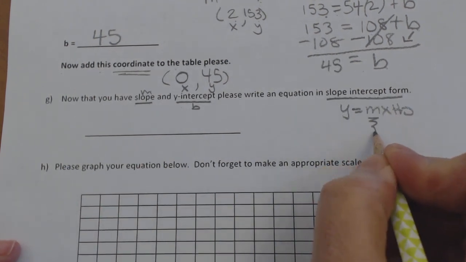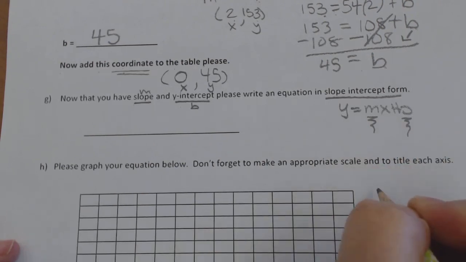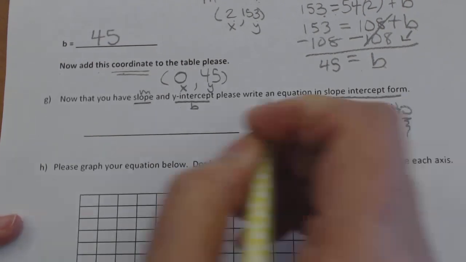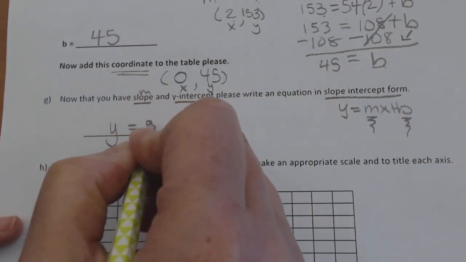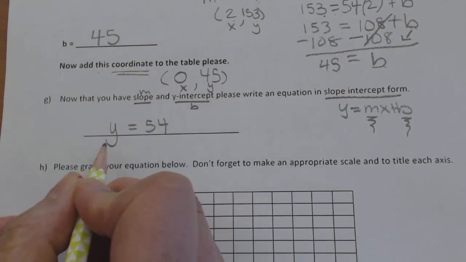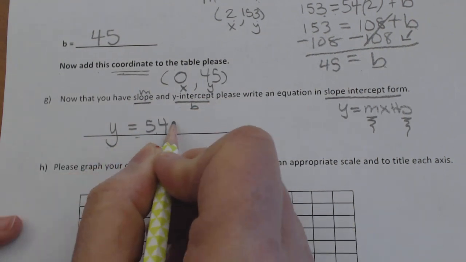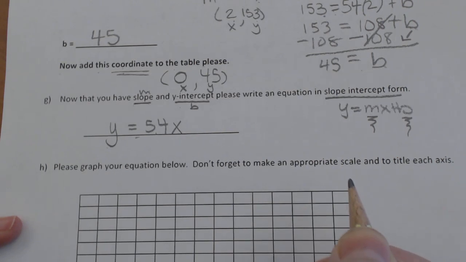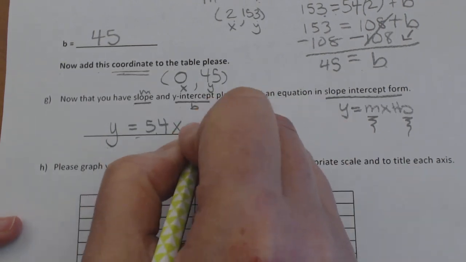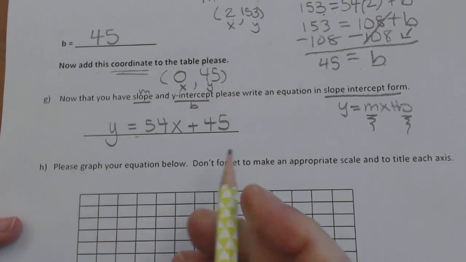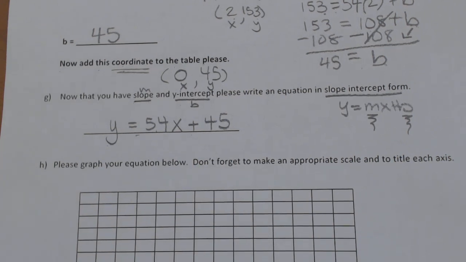So now that I have my m and now that I have my b, I can take this variable out and substitute 54 in. So now I'm at y equals 54, put my x value there, plus, and I know my b is 45, and it was a positive 45, so that becomes positive 45. So my slope-intercept form of the equation is y equals 54x plus 45.